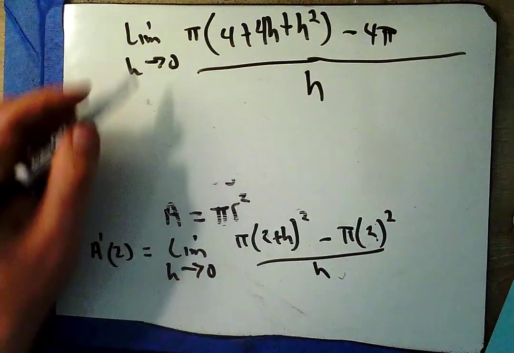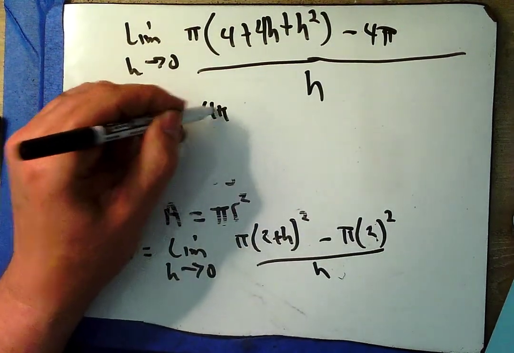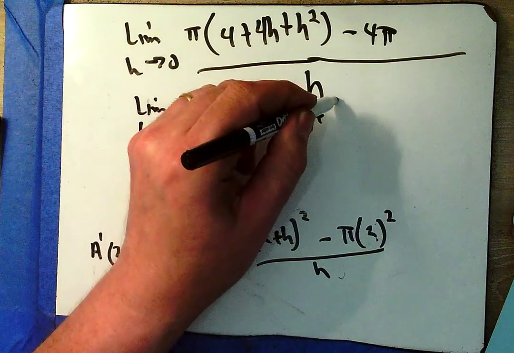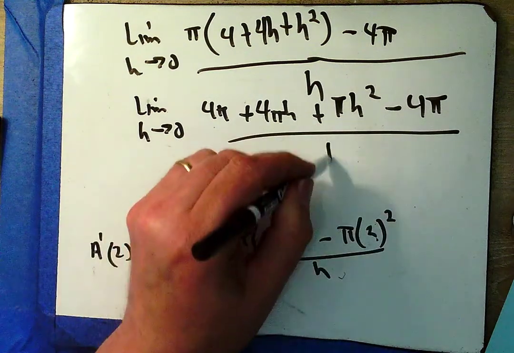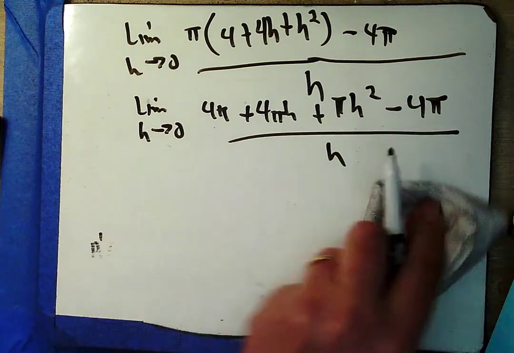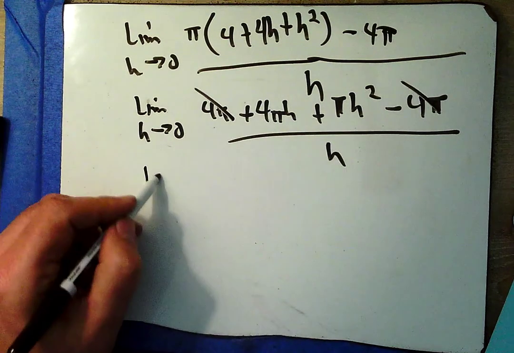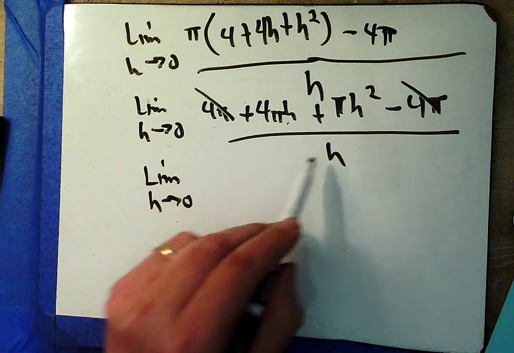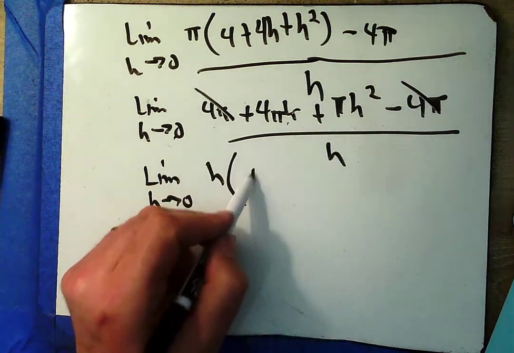I have to distribute here, so the limit as h heads to 0 of 4 pi plus 4 pi h plus pi h squared minus 4 pi all over h. And then, are there any like terms to combine? Sure there are. The limit as h heads to 0. Oh look, I can't plug in a 0 or I'd get 0 over 0. I better factor out that h.